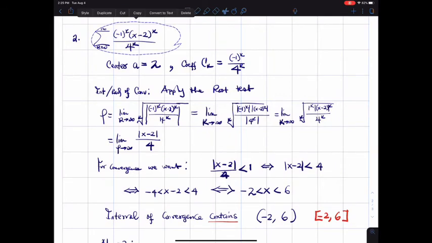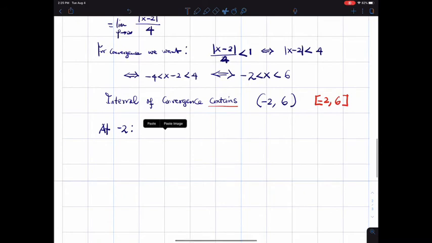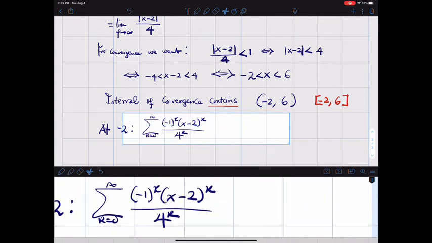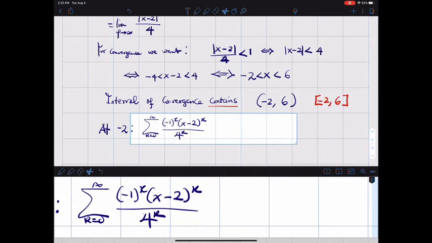Plug in -2 for x, and you get -4 to the power of k.